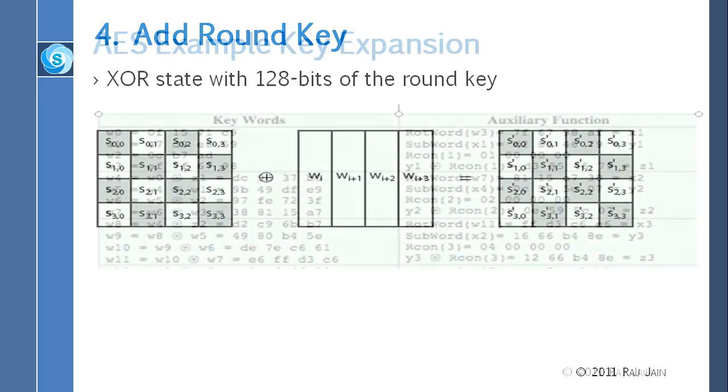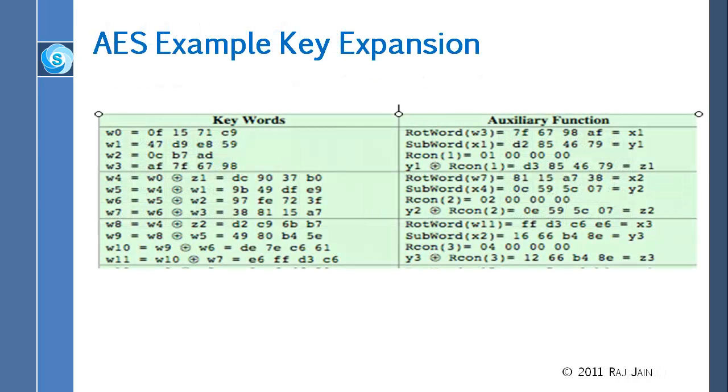So this is 0, 1, 2, and 3. Somehow something is missing. This should have 4 words, 4 bytes, W2. So 1 byte is missing here by mistake somehow.